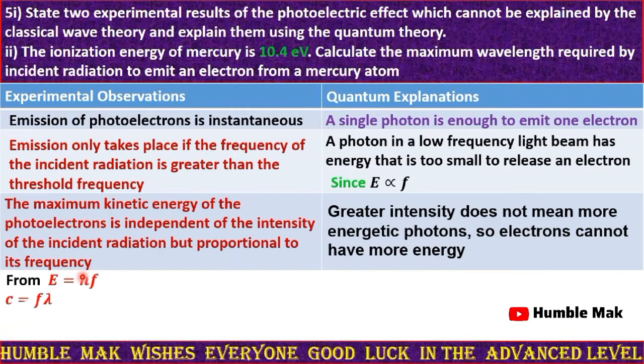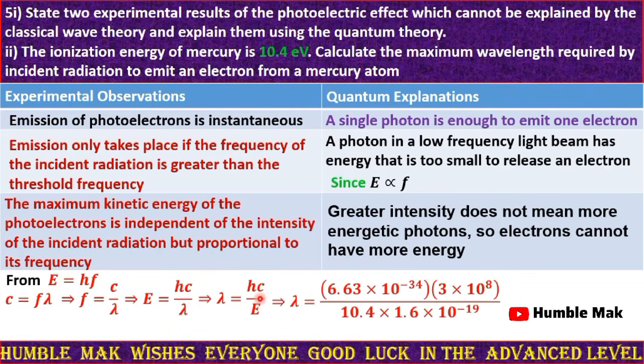We also know that the speed of light in vacuum is related to frequency and wavelength, so making f the subject, we have f equals c over lambda. Substituting our f here, we have E equals hc over lambda. Making lambda the subject, we have lambda equals hc over E.